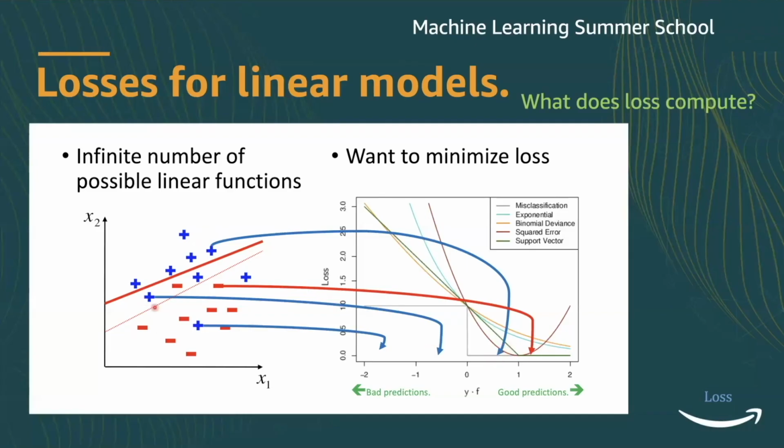But take the case of these two blue points that lie below the decision boundary. Their true label is +1, but their prediction is negative because they are on the same side as the red points, which means the product of y times the score is going to be negative, and they're paying a penalty of 1.